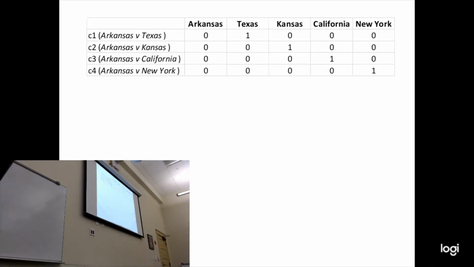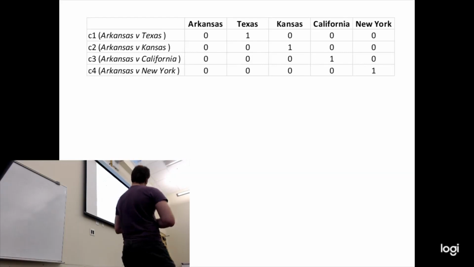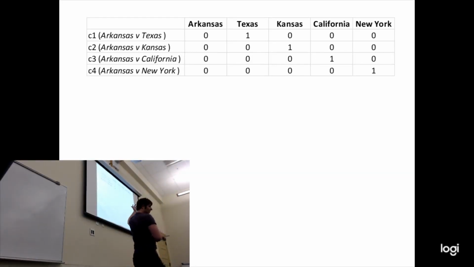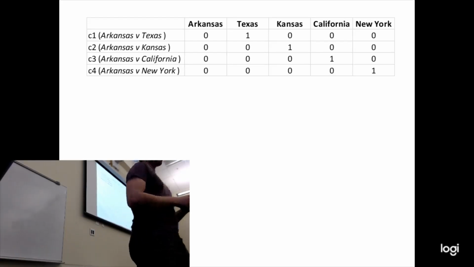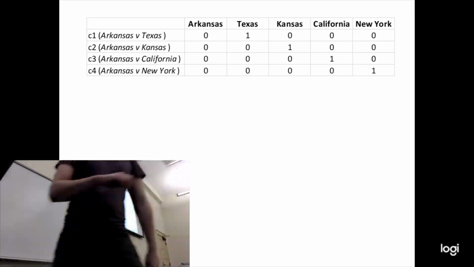I can treat Arkansas as the reference group and, using dummy codes, compare the average level of anxiety among the Arkansas group to the average level of anxiety in each of the other 4 groups. That gives you 4 contrast variables, 4 dummy variables, each of which represents one of those mean differences.